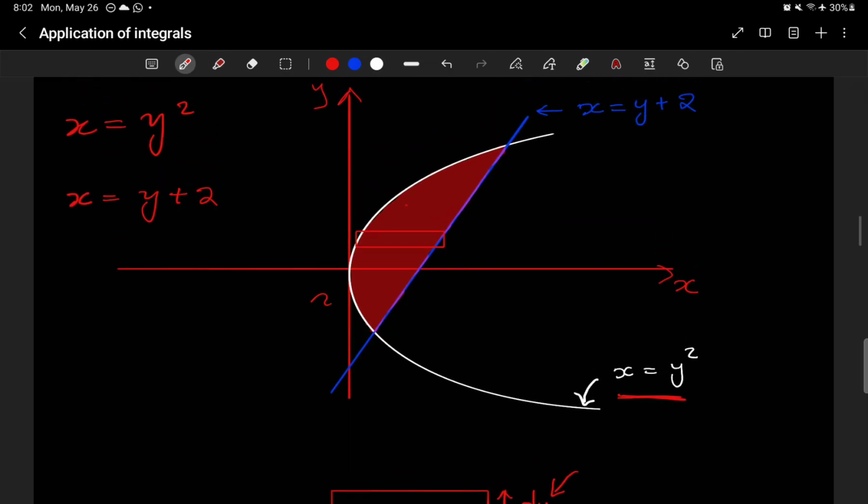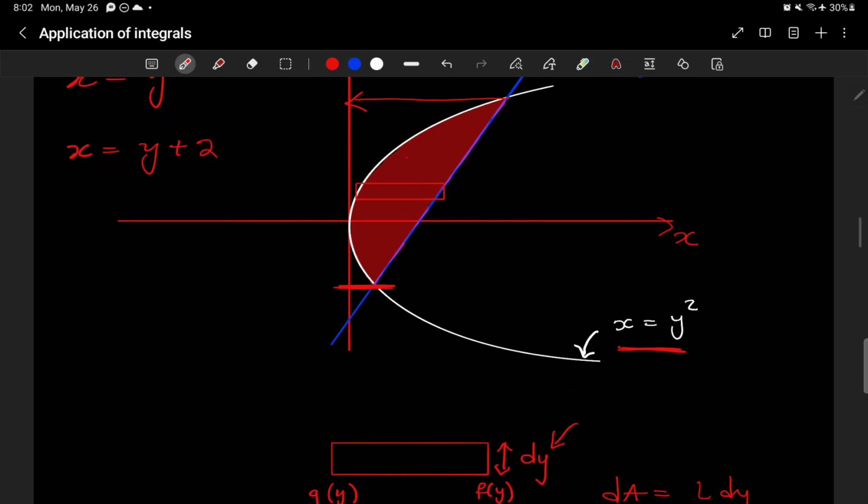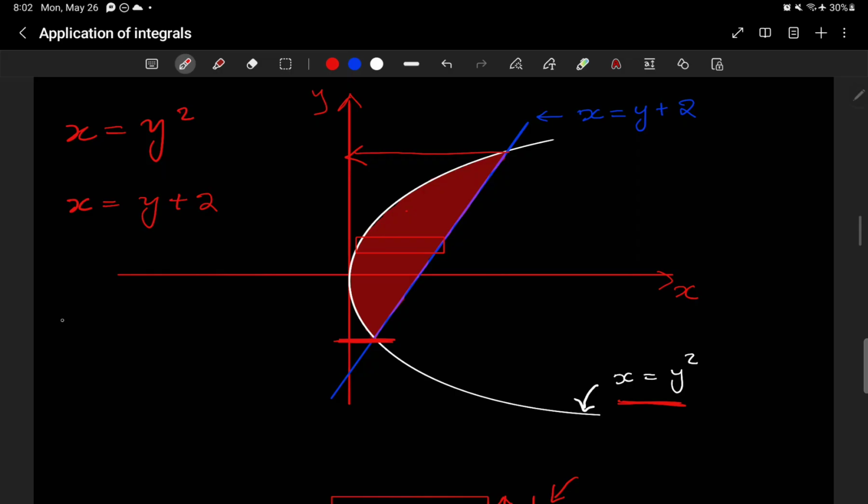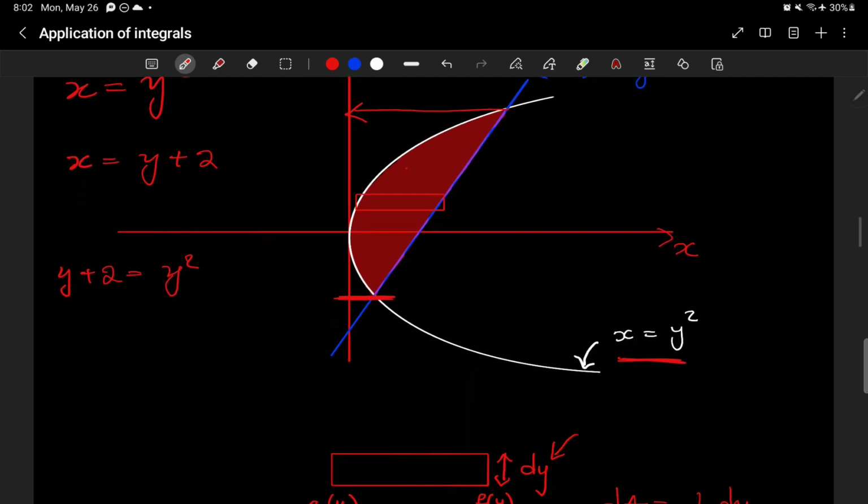We say that the smallest value is basically here at the bottom, and the largest value occurs there. And here we say that these are just points where the two graphs meet. So I need to know when is y plus 2 equal to y squared, since that is when they meet.